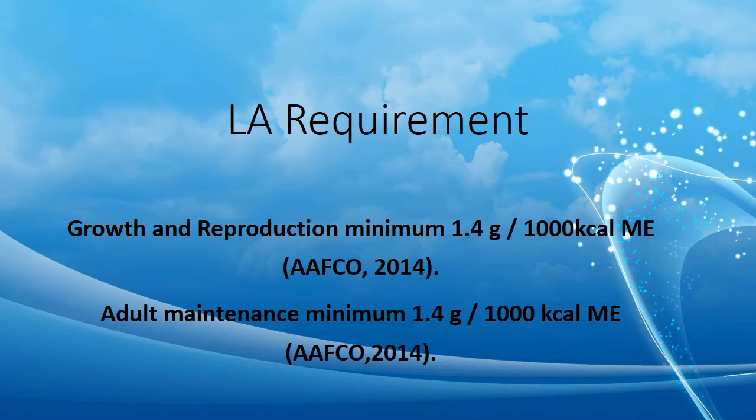Linoleic acid requirement for cats. For growth and reproduction, minimum 1.4 gram per 1000 kilocalorie metabolizable energy, according to AAFCO 2014. According to AAFCO 2014 recommendation for adult cats for maintenance, minimum 1.4 gram per 1000 kilocalorie metabolizable energy.